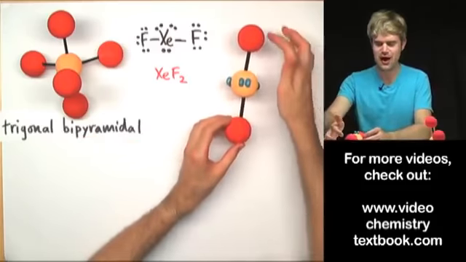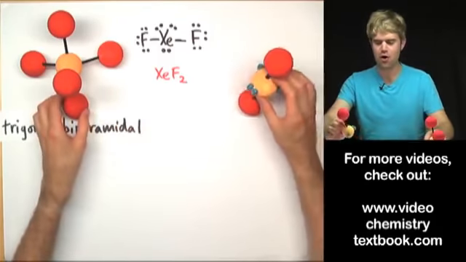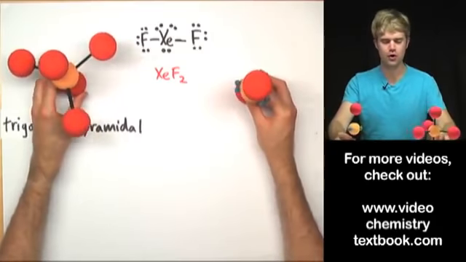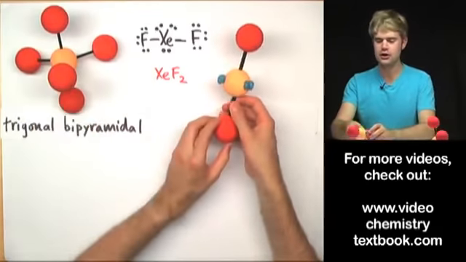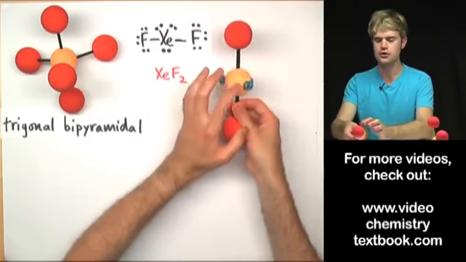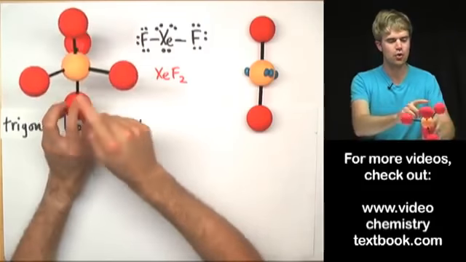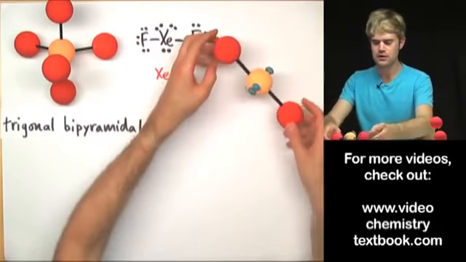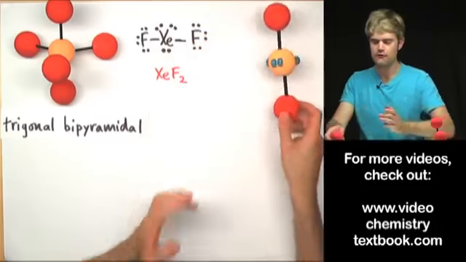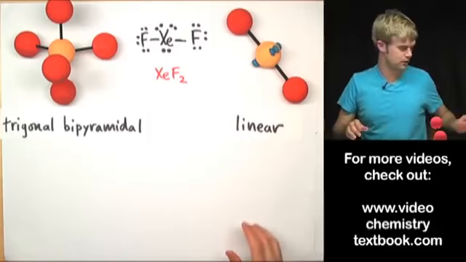It's got the 2 axial atoms, the central atom, but all 3 of the equatorial atoms have been replaced by these unshared electron pairs, 1, 2, 3, taking the place of where the equatorial atoms usually are, okay? So these 3 form a straight line, so we call this a linear molecule.